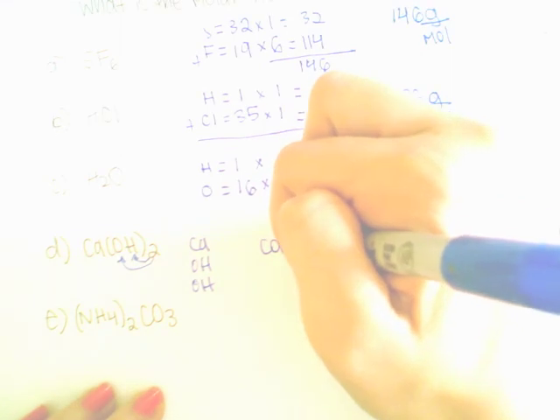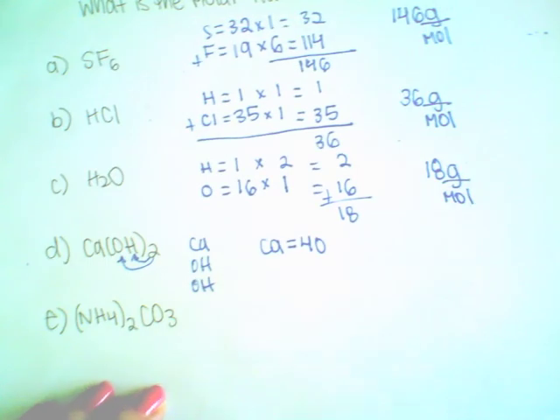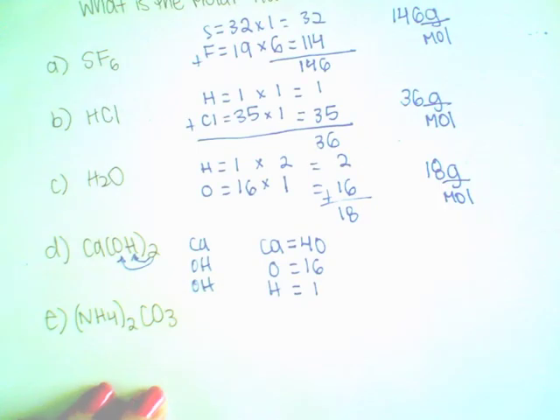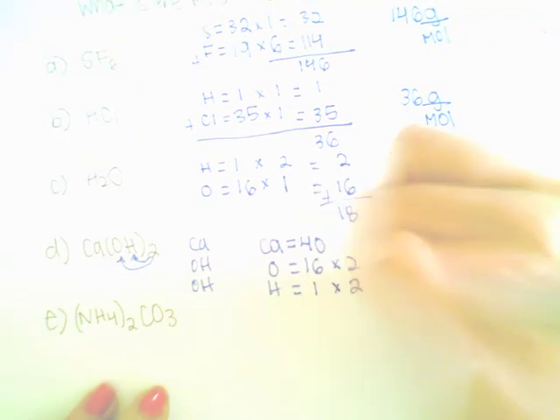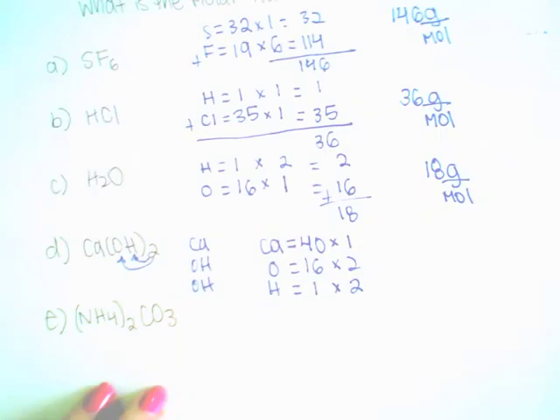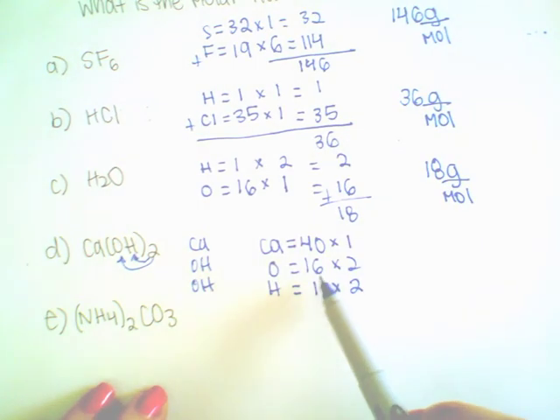So you've got 1 calcium, and the molar mass of calcium is 40. It rounds to 40. We have oxygen and hydrogen. Molar mass of oxygen is 16. Hydrogen is 1. We only have 1 calcium because there's no subscript there, but we have 2 oxygen and we have 2 hydrogen. So we have 1 calcium, 2 oxygen, and 2 hydrogen.